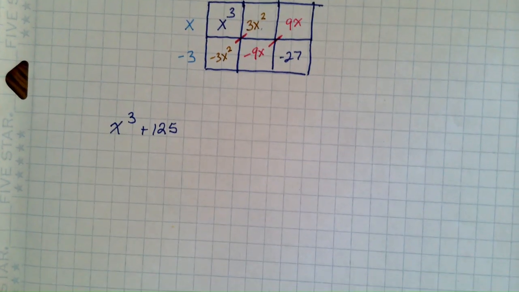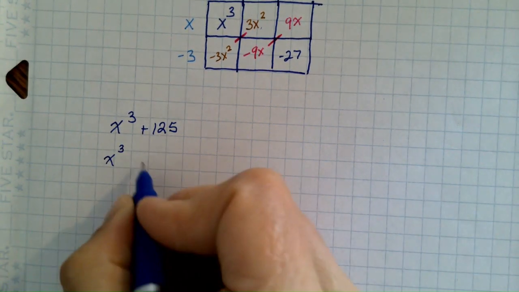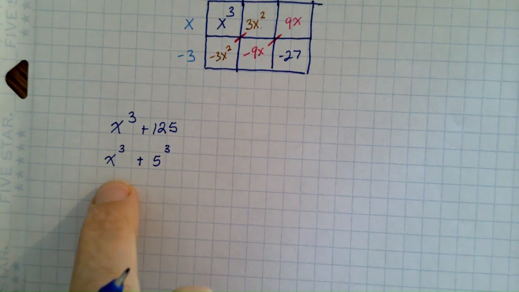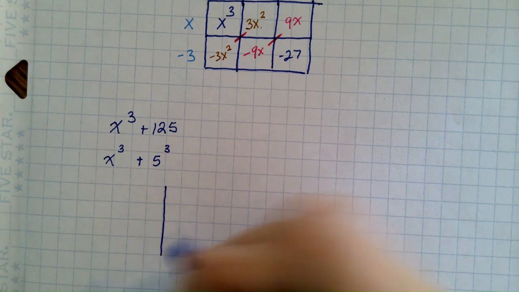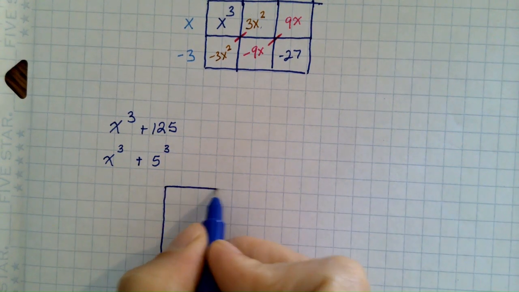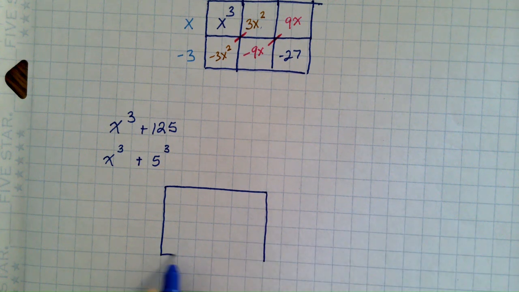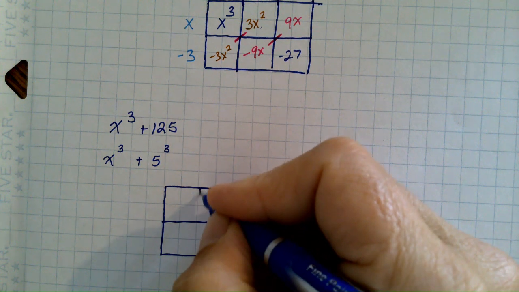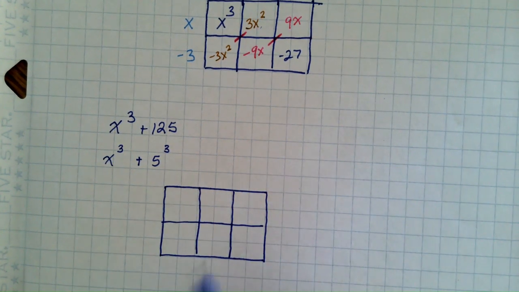X cubed plus 125, we know this is x to the third, and we know that 125 is 5 times 5 times 5, or 5 cubed. So we have something cubed plus something cubed. Again, you could memorize the rule, or we're just using our box.